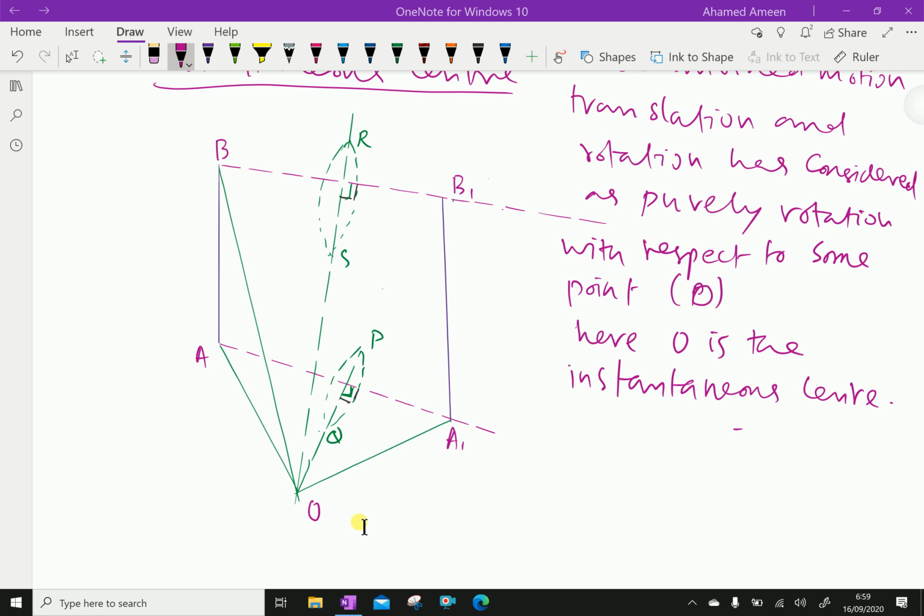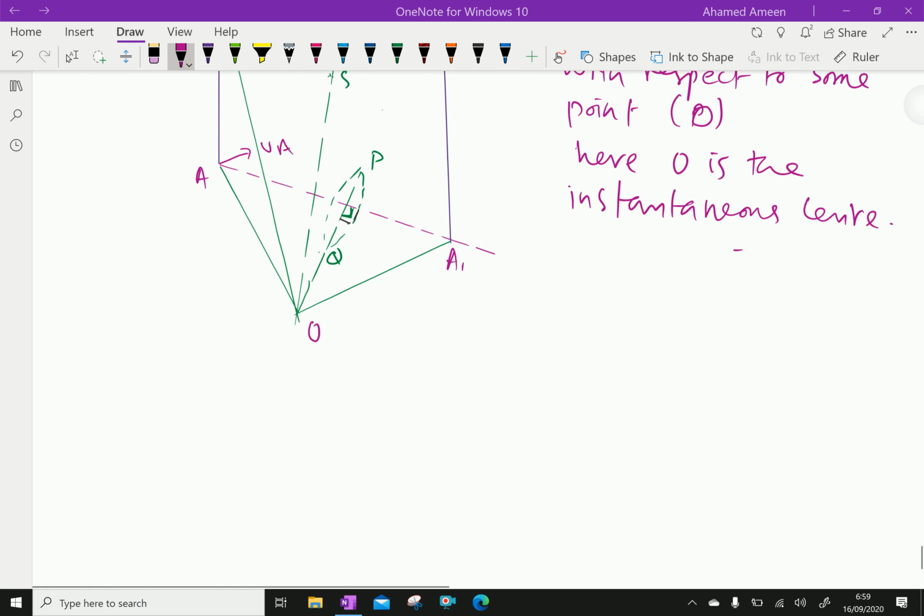Now here, this is VB, the linear velocity of the point B. This is VA. Now consider some calculation.